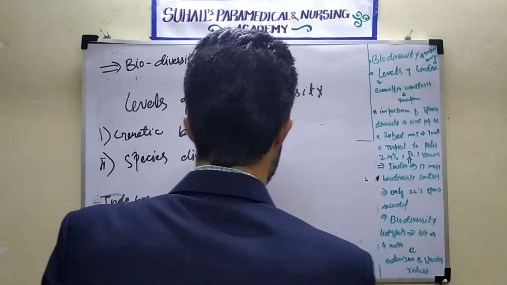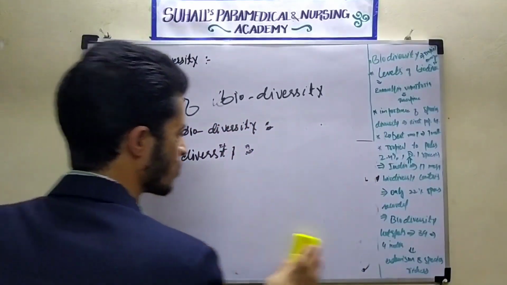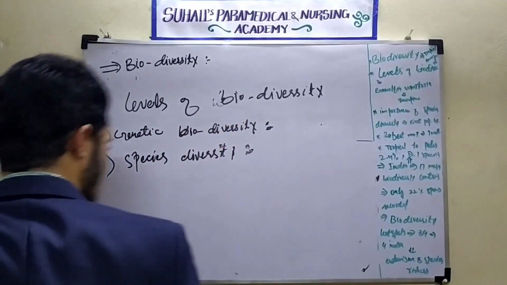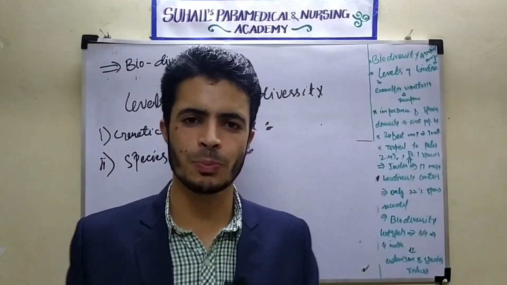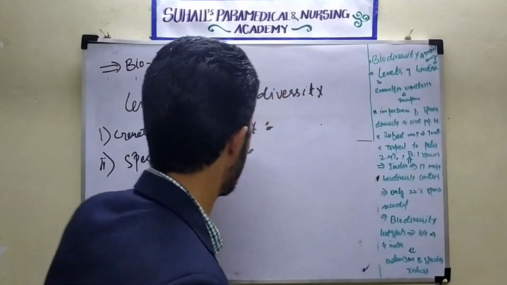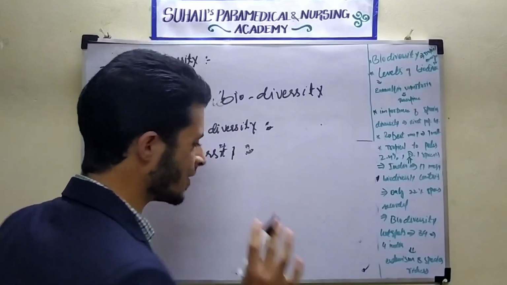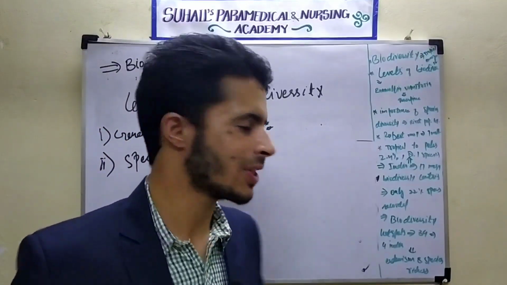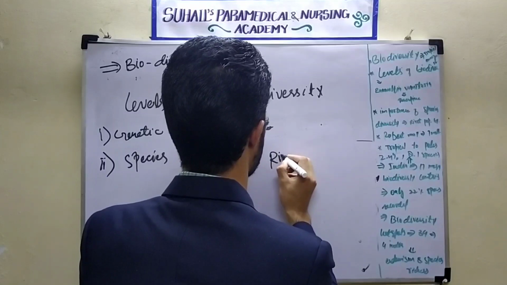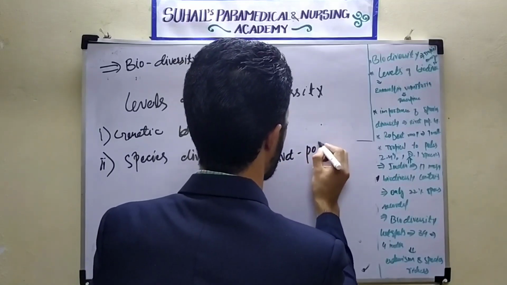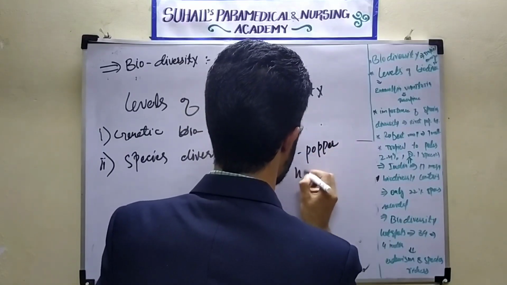One more thing: what is the importance of species biodiversity? If there is biodiversity at the species level, what is the importance there? There is a hypothesis called the Rivet-Popper hypothesis.